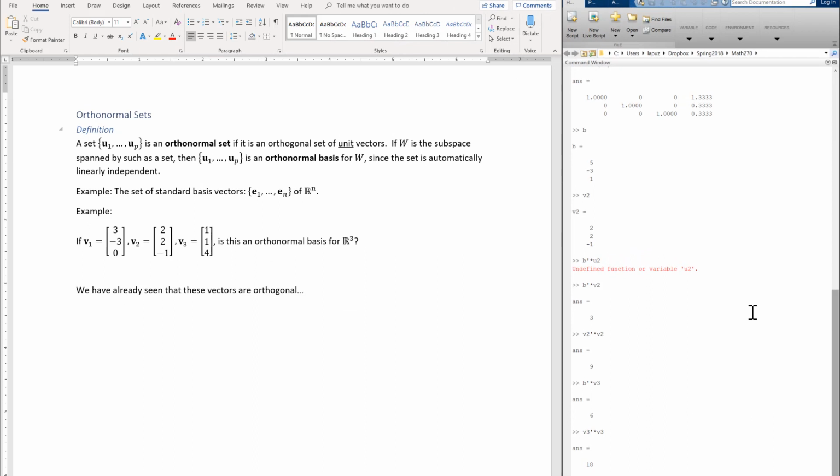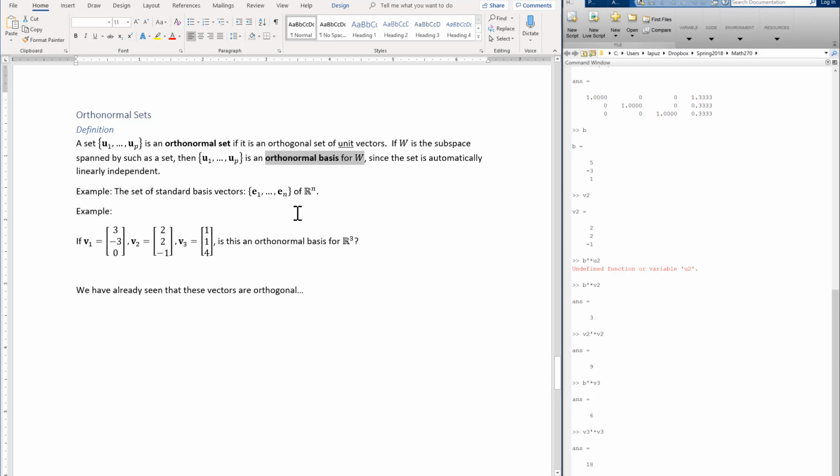Now we move to orthonormal sets. Remember that orthogonal sets are sets of perpendicular vectors. A set is orthonormal if it's a set of perpendicular vectors that are also unit vectors. Unit vectors just means it has length 1. So if W is a subspace spanned by such a set, then we say that we have an orthonormal basis, instead of just orthogonal.